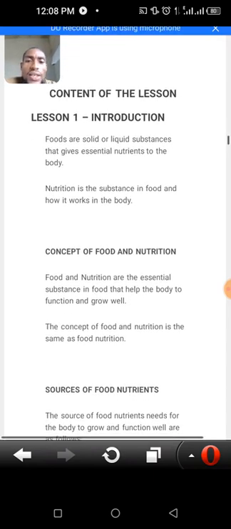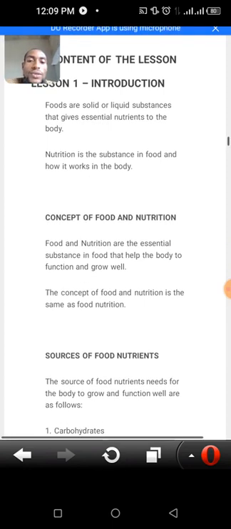Now let's look at the concept of food and nutrition. When we're talking about food and nutrition, they are essential substances in food, as I've said, that help the body to function and grow very well. So when you eat the right food in the right proportion, then our body will function properly and will grow very well. Right?